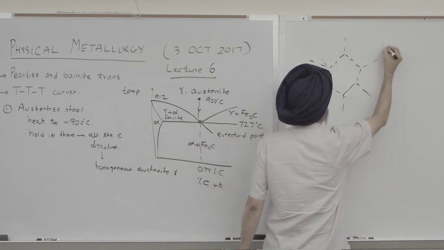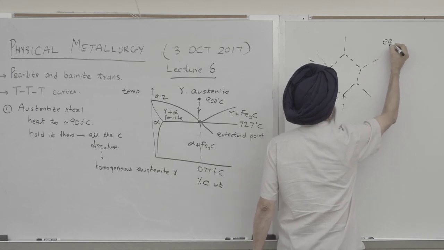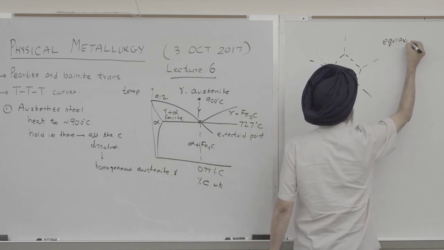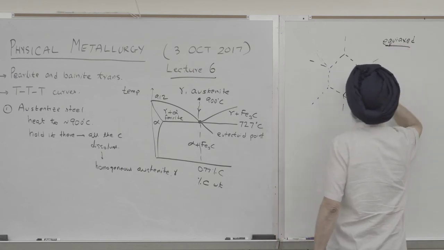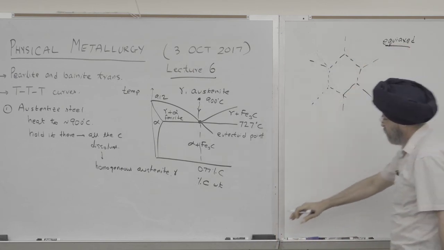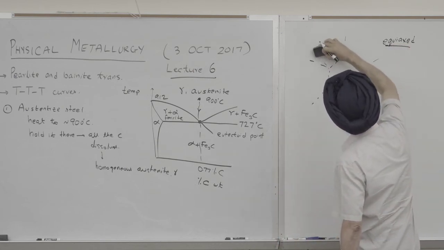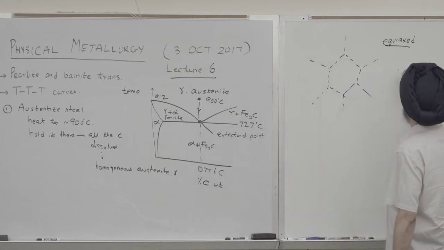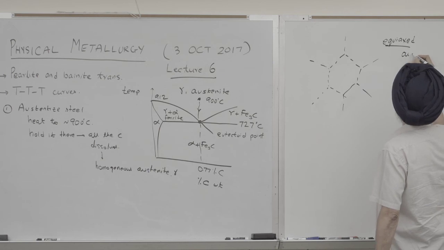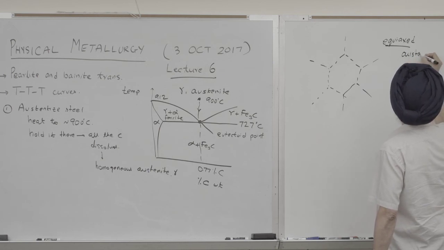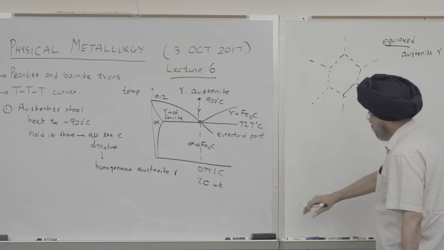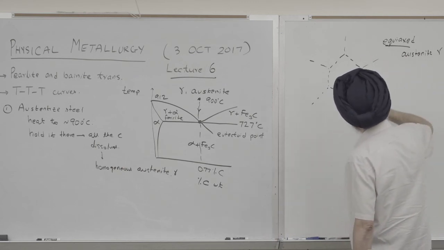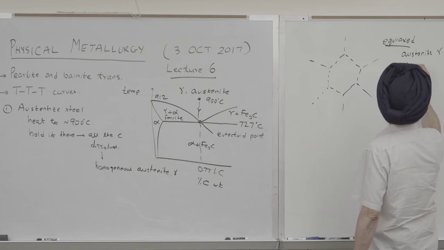So we call this equiaxed structure, meaning it's the same in all directions. Any direction you look at this. So this is a cross section of austenite, austenite phase, gamma phase, and this is at 900 degrees centigrade.